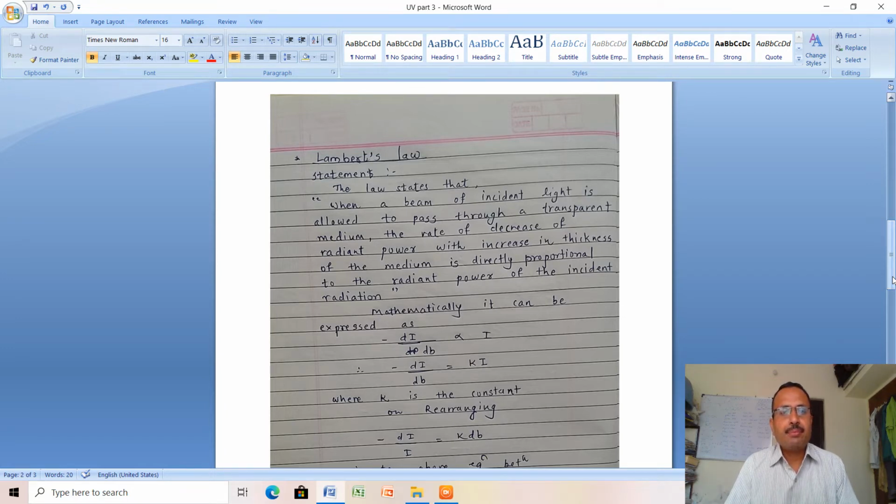Here we have already studied some basic definitions in UV visible spectroscopy, that is radiant power. Radiant power is nothing but radiant energy per unit time. It is the energy divided by time.